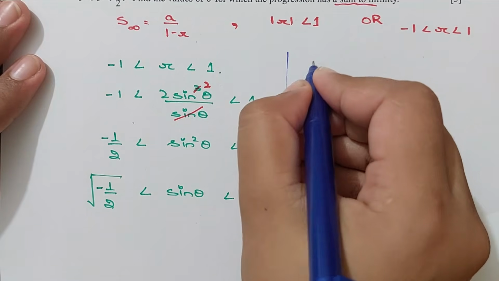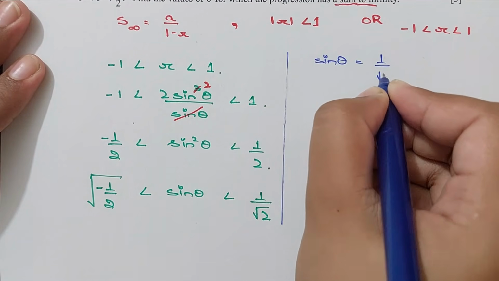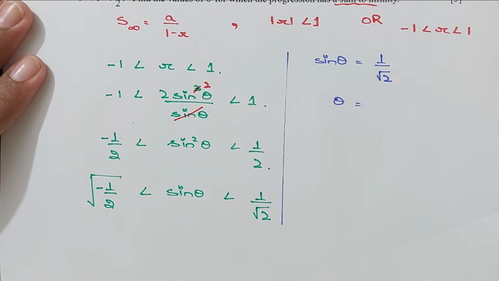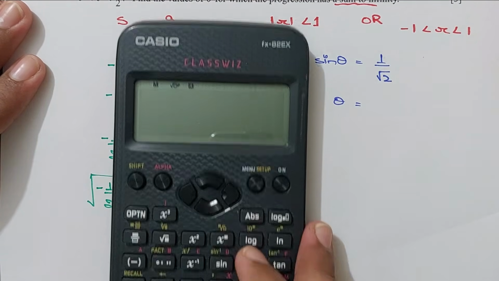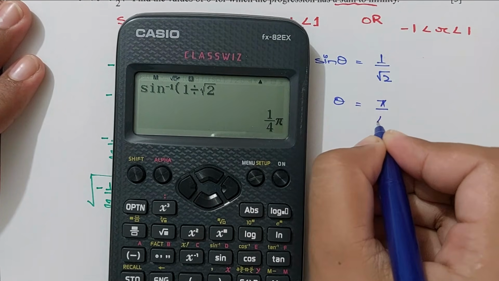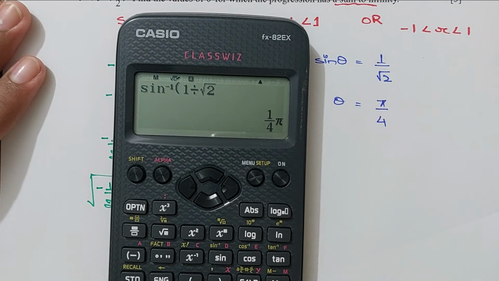Okay, so when sin theta equals 1 over square root of 2, theta would be equal to sin inverse of 1 by square root of 2 in radians, right? Sin inverse of 1 over square root of 2 is pi by 4, and also sine is positive in the second quadrant, which is pi minus pi by 4, which is 3 pi by 4.